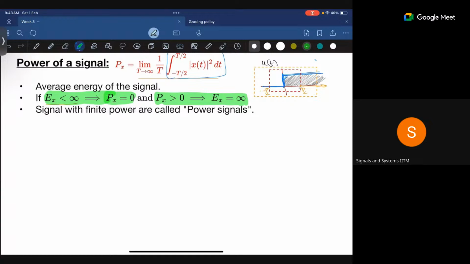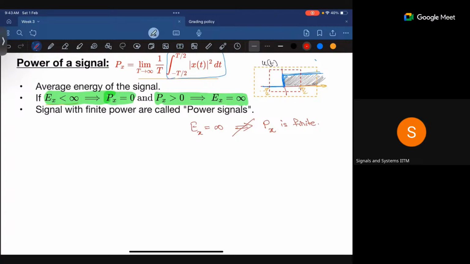Also, a strong note: if your energy is infinite, it doesn't imply that your power is finite, or you can't guarantee that your power will be some real number. So the only things are: if it is an energy signal, then the power is 0. If it is a power signal, then the energy of that signal is infinite.